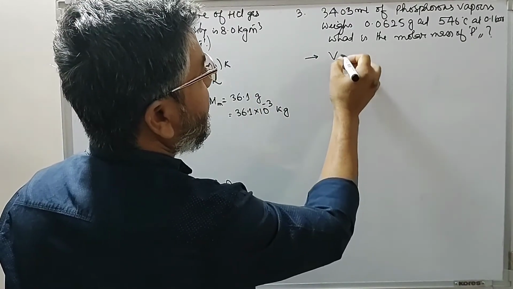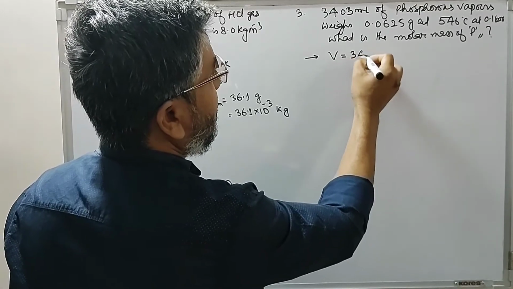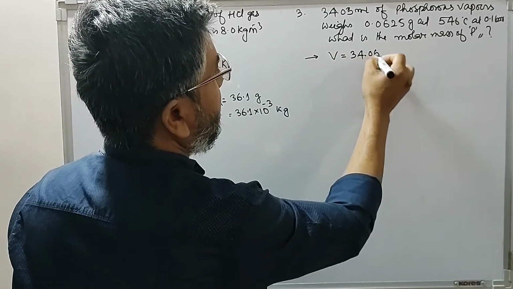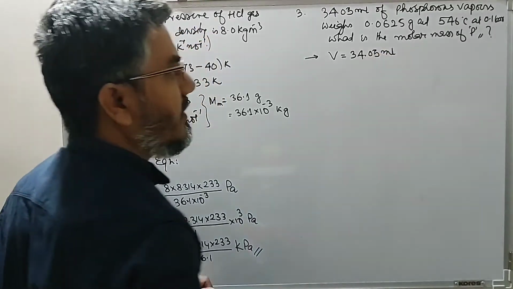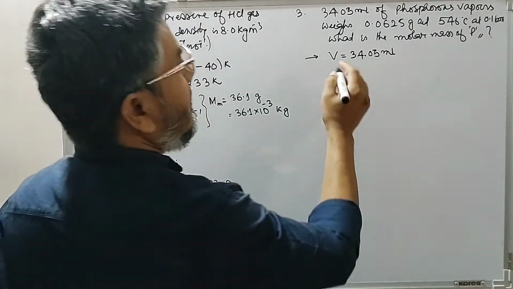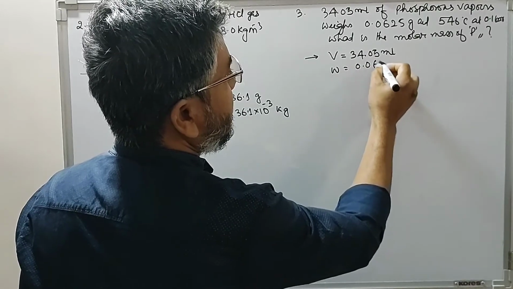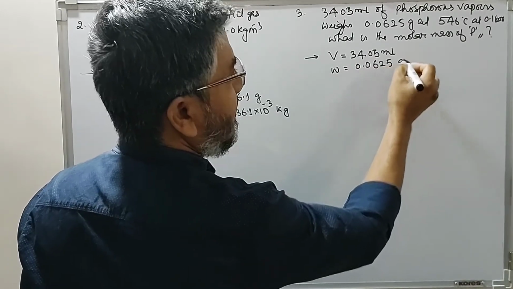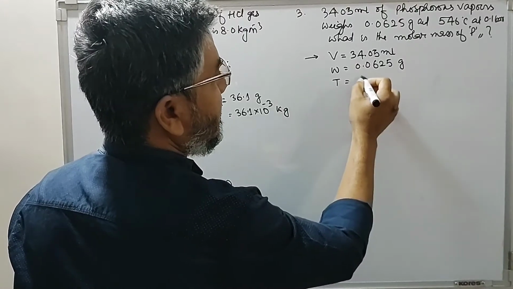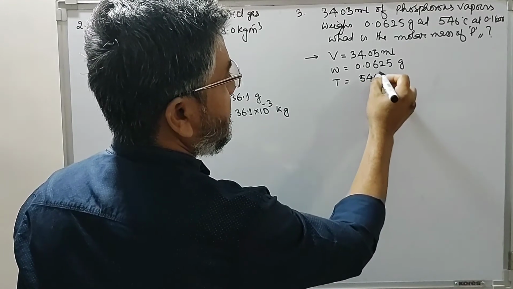volume occupied by the gas is given as 34.045 ml. Mass of the gas is given as 0.0625 gram. Temperature is given as 546 degrees centigrade.